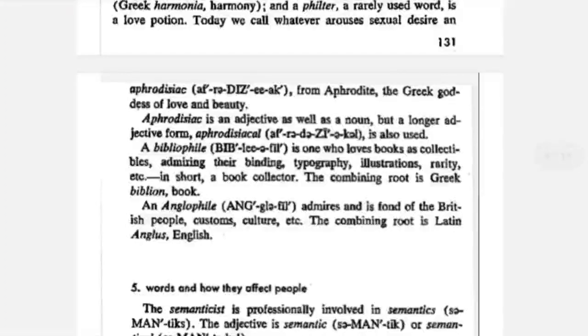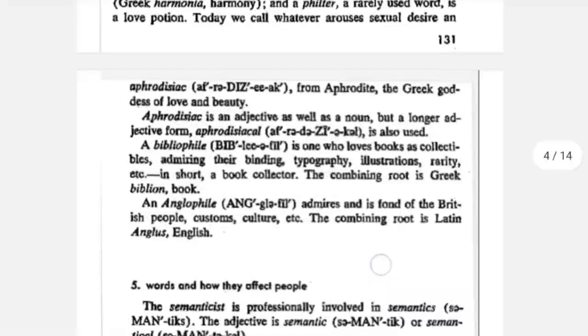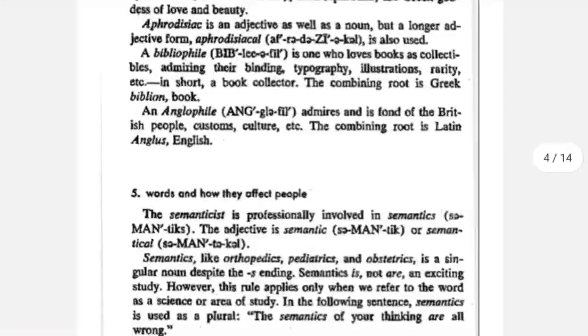The next word is aphrodisiac, which has the root Aphrodite. Aphrodite was the Greek goddess of love and beauty. So aphrodisiac is something that arouses sexual desire. The next word is bibliophile, which has the roots biblion, which means a book, and phile, which means love.